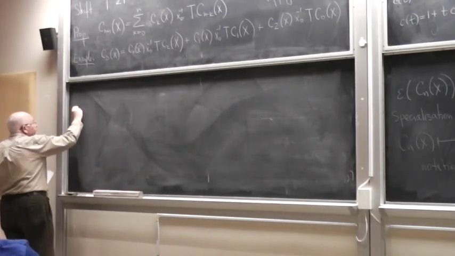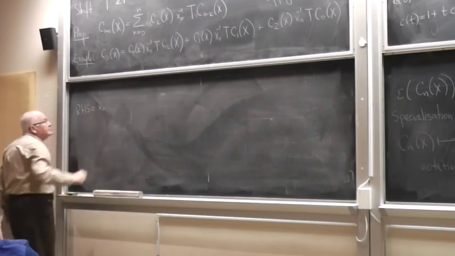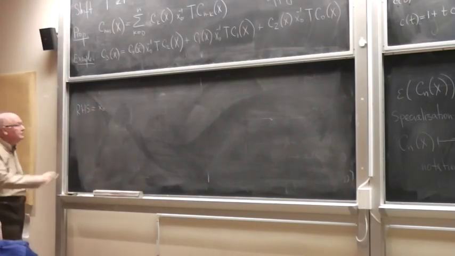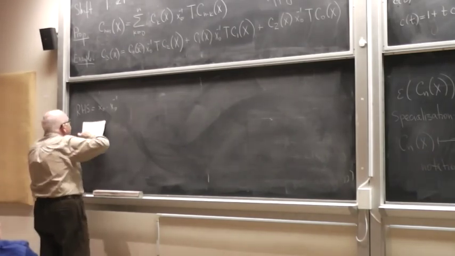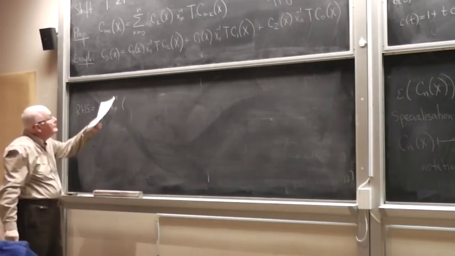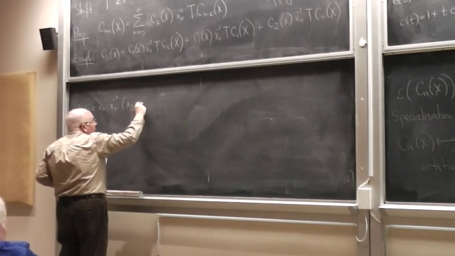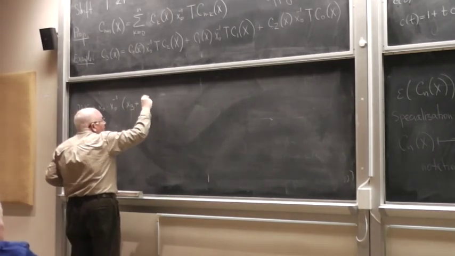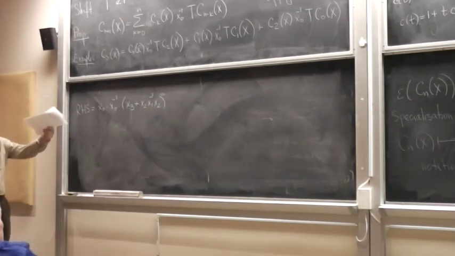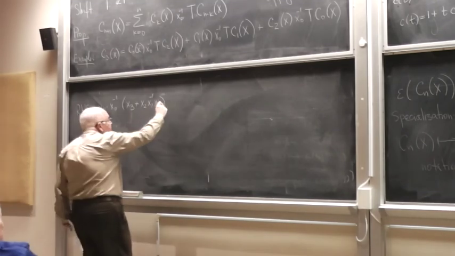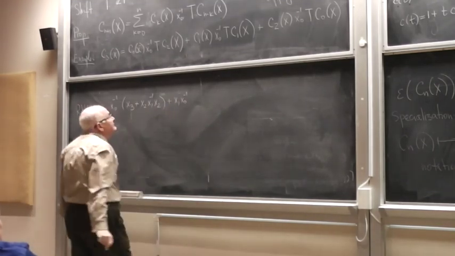So the right-hand side equals x naught times x naught inverse, and then the shift of C2 would be x3 plus x2, x1 inverse, x2. Next it will be x1, x naught.